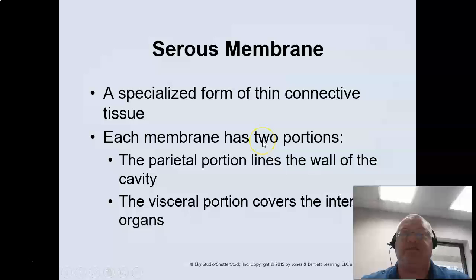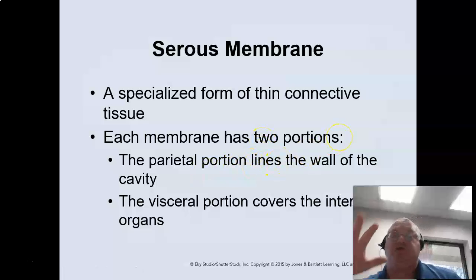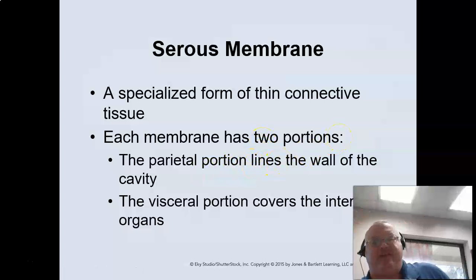The serous membrane is a specialized thin connective tissue, and again, it's the parietal portion which lines the wall of the cavity. Visceral lines the organs. Remember, the way that I remember this is it's VO. You remember VO, that means it's on the organ. The parietal lies on the outside.